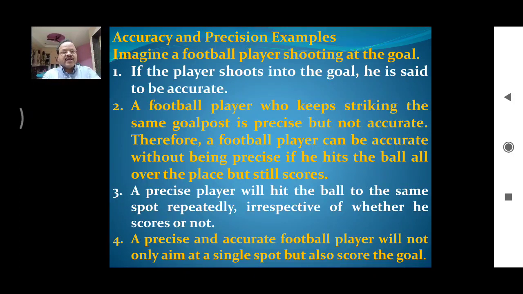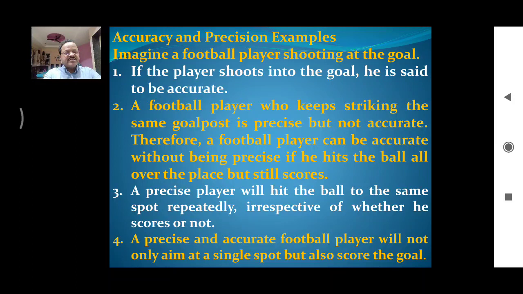Now the third case: a precise player will hit the ball to the same spot repeatedly, irrespective of whether he scores or not. Who will be considered a precise player? The player who is consistently shooting the ball at the same point will be considered a precise player. But the ultimate aim of any football player is to convert that shot into a goal.